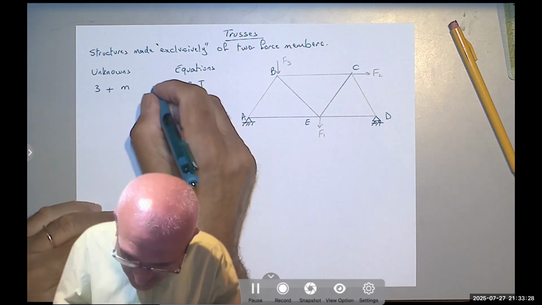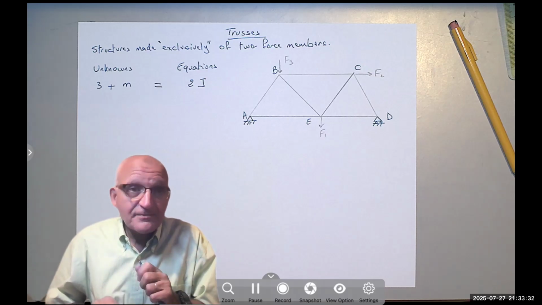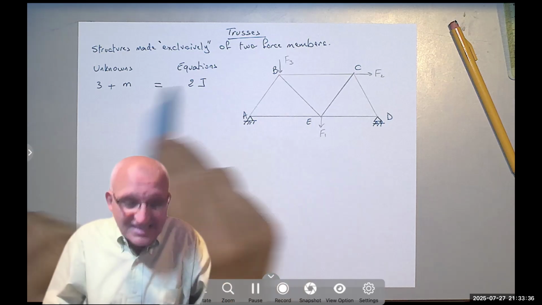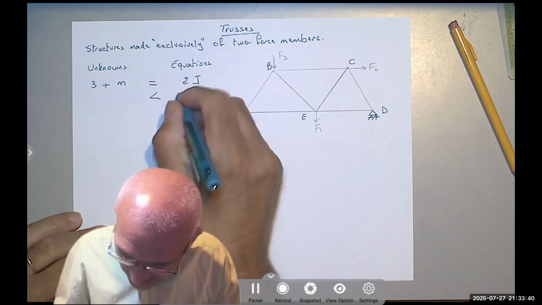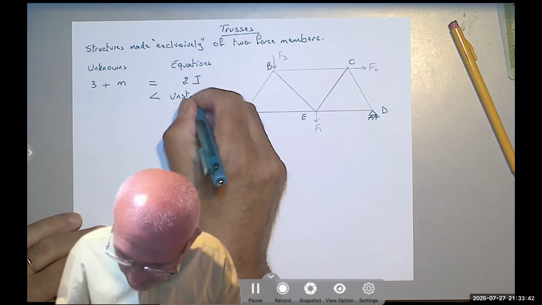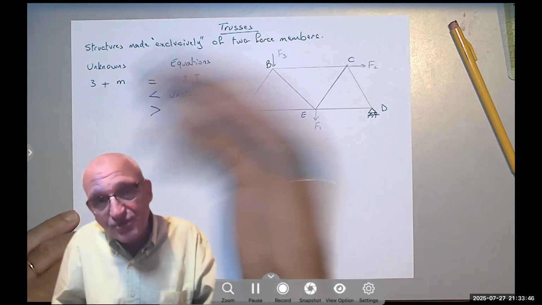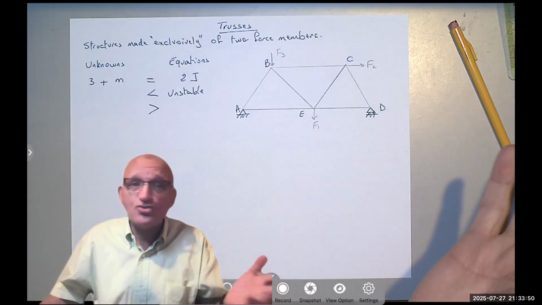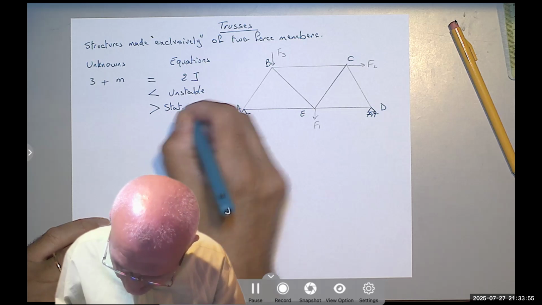And that is how I check to see if my truss is statically determinate. If the number of equations is more, so if I have that, I would say unstable. And if I have that, meaning m plus 3 is greater than the number of equations, meaning you don't have enough equations to find everything, it's statically indeterminate.